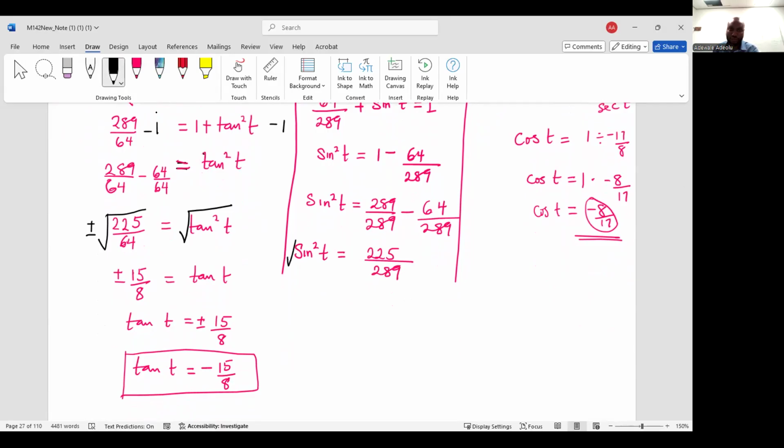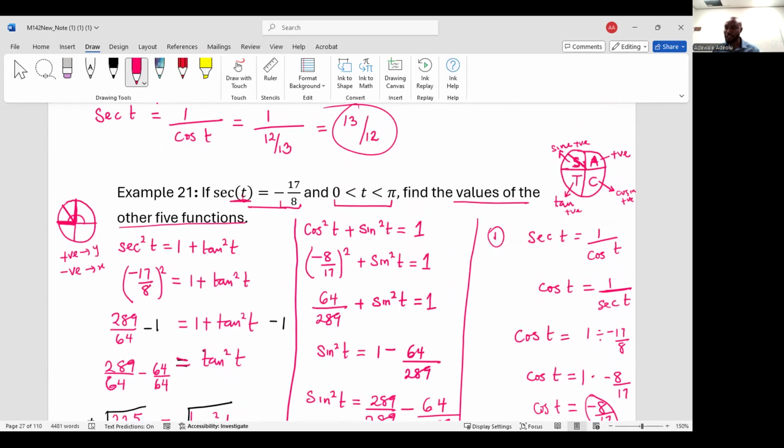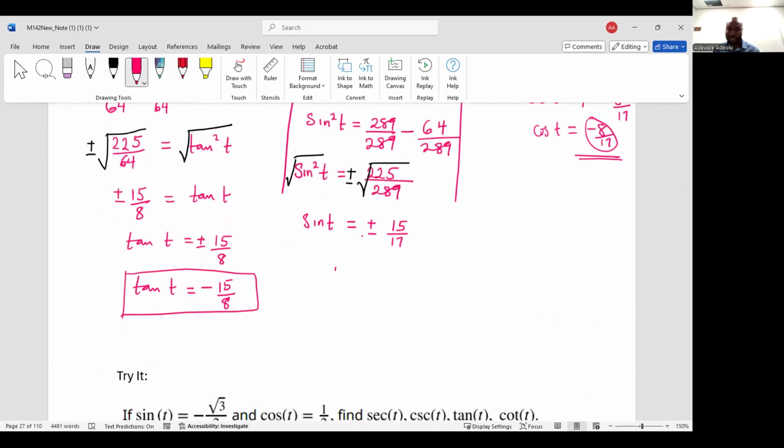Then I can square root both sides and introduce plus or minus, so sine of T equals plus or minus 15 over 17. Again, our angle is in the second quadrant, where sine is positive. So we say sine of T is 15 over 17.